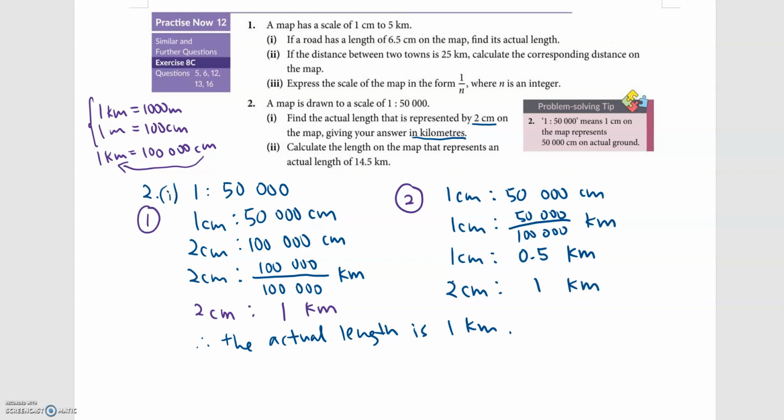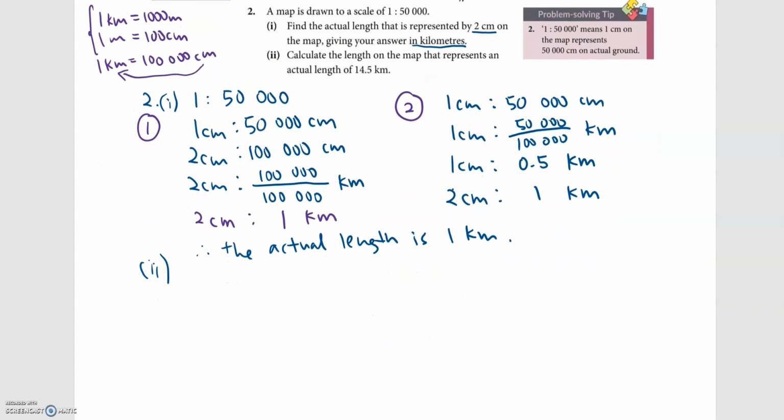Let's look at part 2. They want us to calculate the length on the map that represents an actual length of 14.5 kilometers. So I will be making use of what I have found in part 1. Since 2 cm is to 1 kilometer, I can easily multiply both sides of the ratio by 14.5 to give me 29 cm.